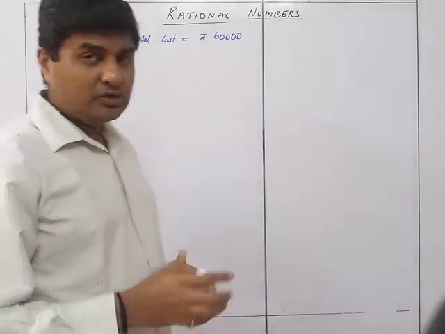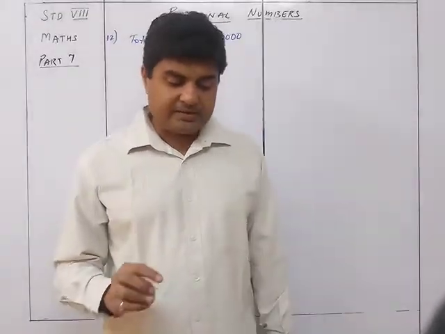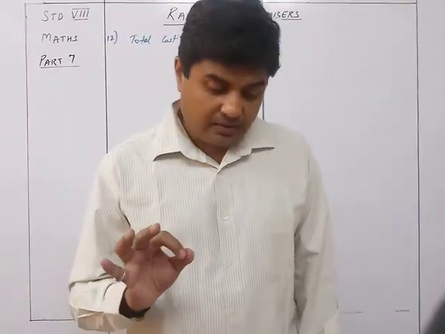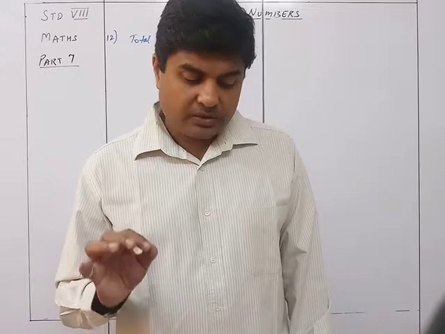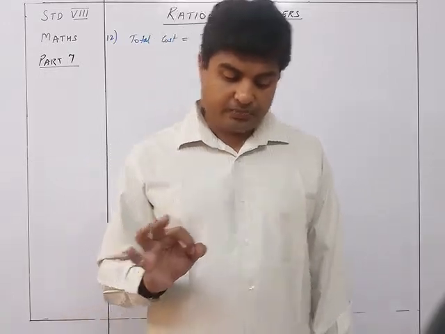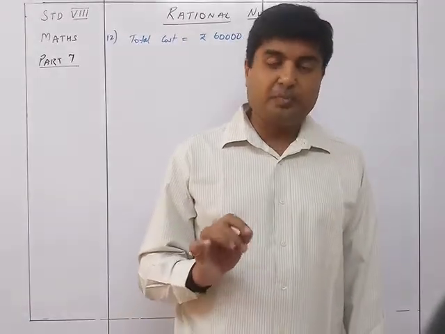It's a tricky sum, so let's understand it properly. They're given that the total sum is 60,000. The elder son contributes 3/8 of his mother's contribution, while the younger son contributes 1/2 of his mother's share.